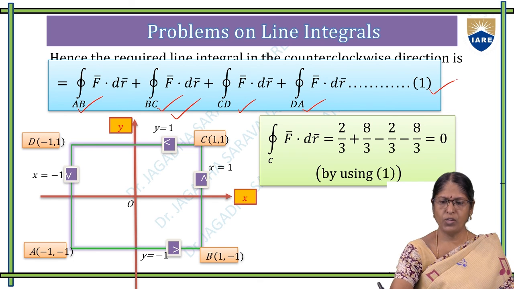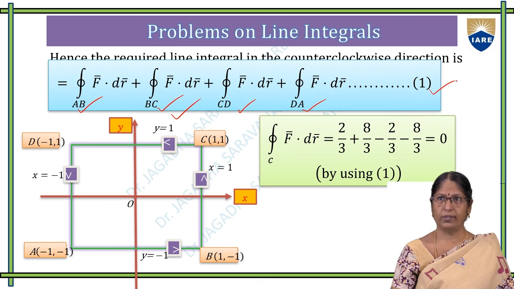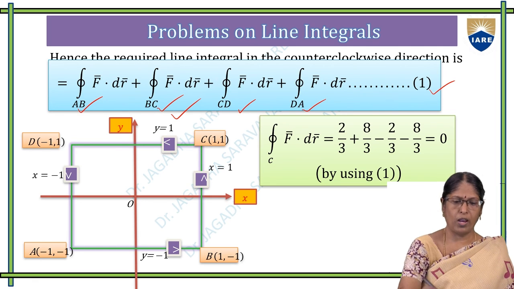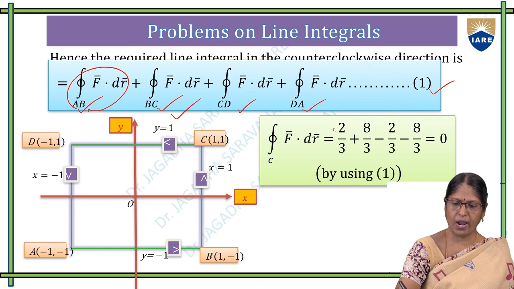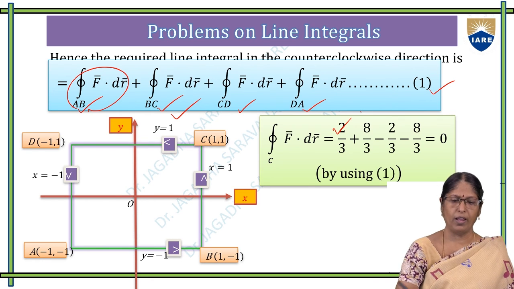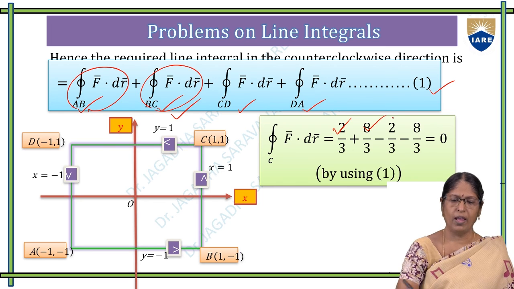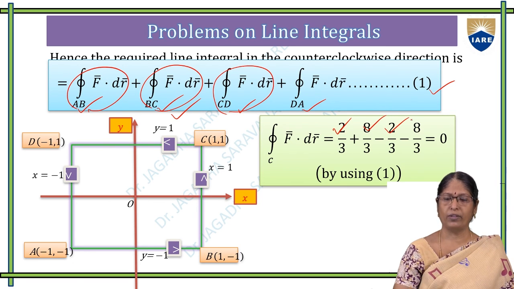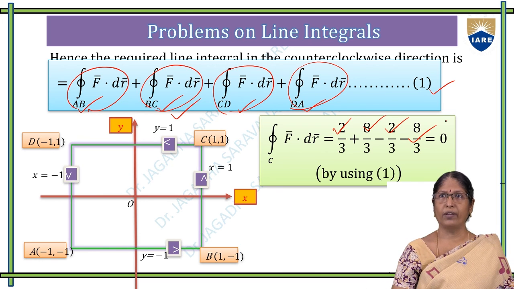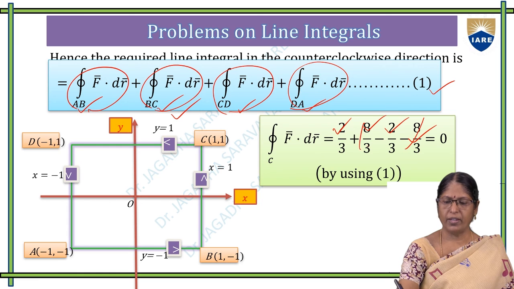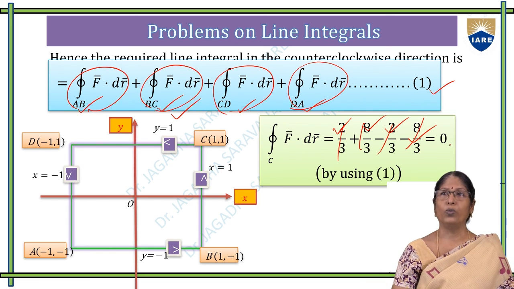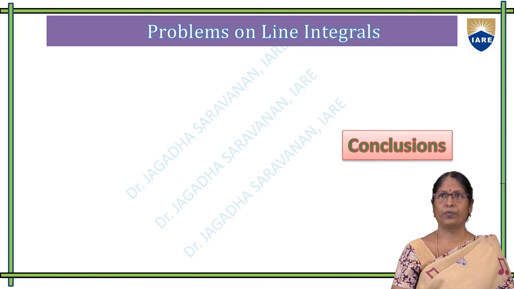The complete one, which we already named as equation 1. So along AB, we obtained the value 2 by 3. Along BC, we obtained 8 by 3. Along CD, we obtained minus 2 by 3, and DA minus 8 by 3, and this gets cancelled. So the result is 0.